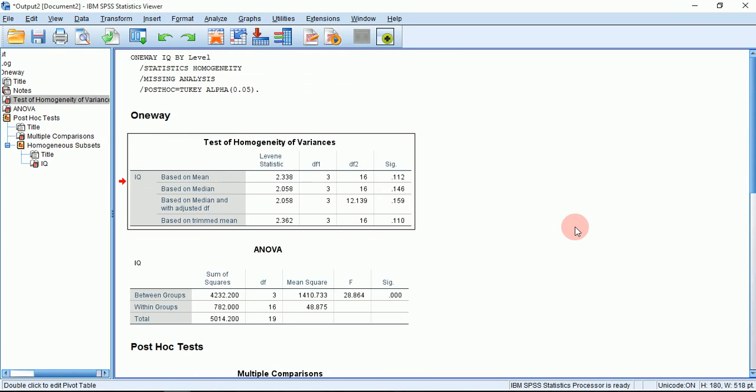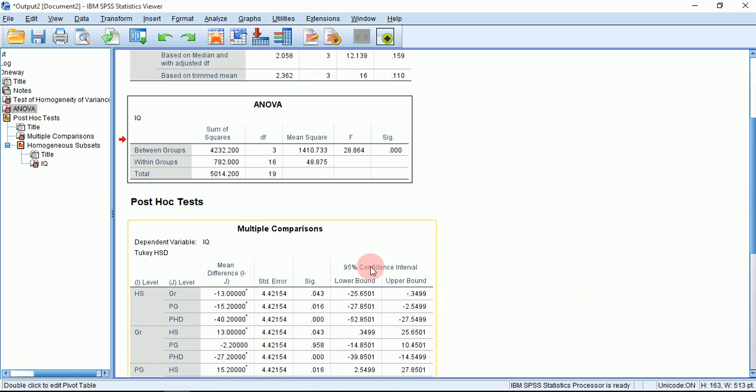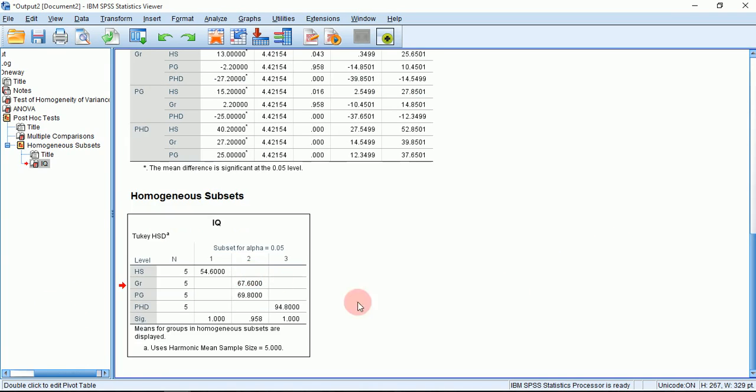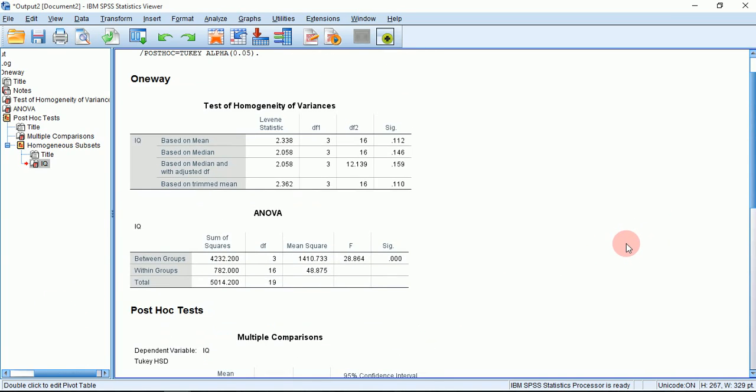If we had found heterogeneity of variance, we would not consider the ANOVA table or the Tukey HSD multiple comparison table, and also the homogeneous subsets. In that case, we would rewrite this program.